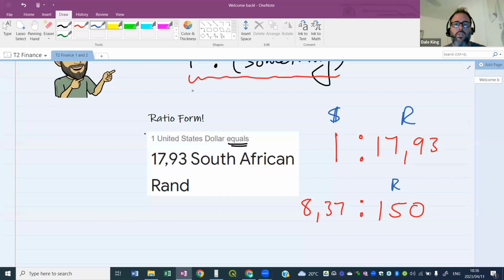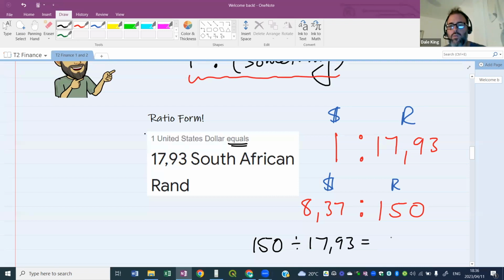for 150 Rand. Okay. The math we did, I'll write it here at the bottom. We said 150 divided by 17,93 equals 8,37. And Kia's screaming on the other side. I can see it because I haven't put any units. Oh my gosh. You know me so well.